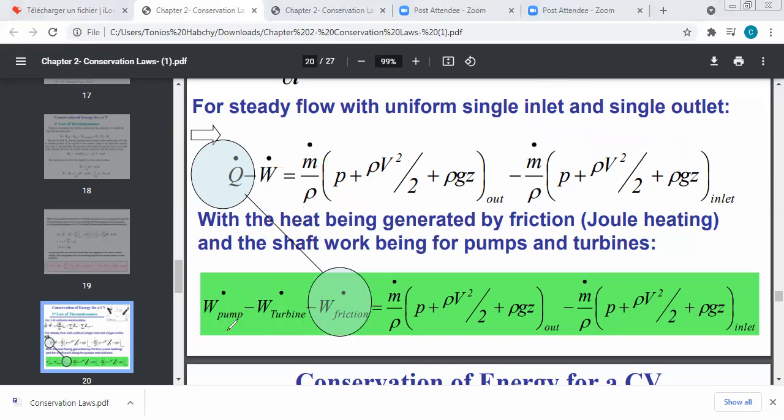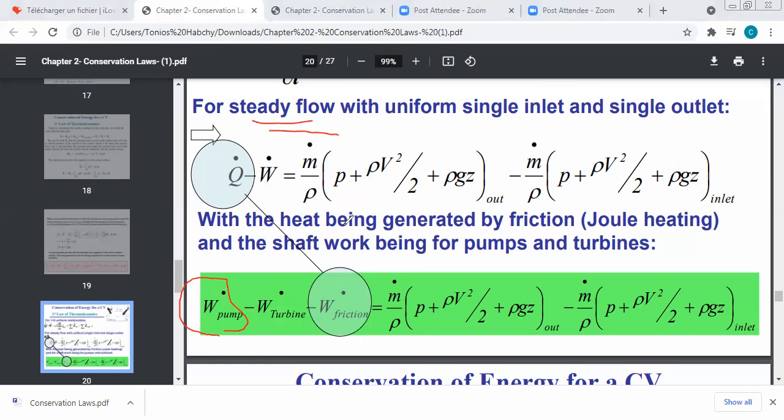A pump will deliver work to my system, so it will try to raise its energy. This work delivered can be interpreted in two ways. Either it will accumulate energy in my system, but this is not the case here because I'm dealing with a steady flow. So what will happen then?